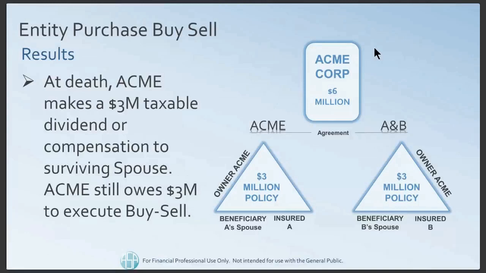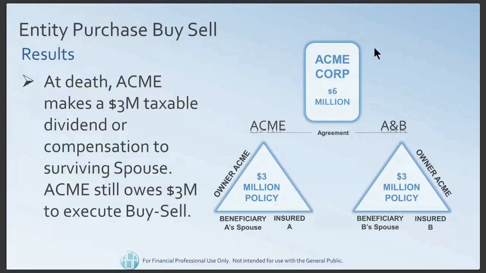At death, the spouse of the insured that passed away would get a check for $3 million, and that check would be either taxable as a dividend or compensation to the surviving spouse, and Acme would still owe $3 million to execute the buy-sell. So the surviving partner would be very unhappy at this point.